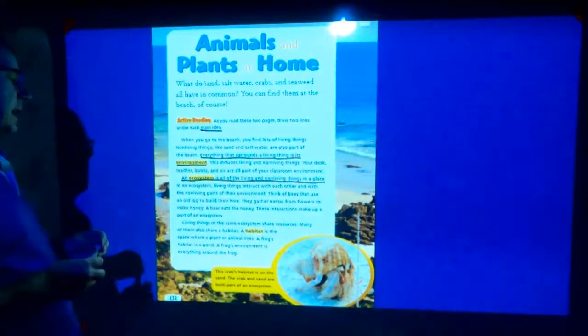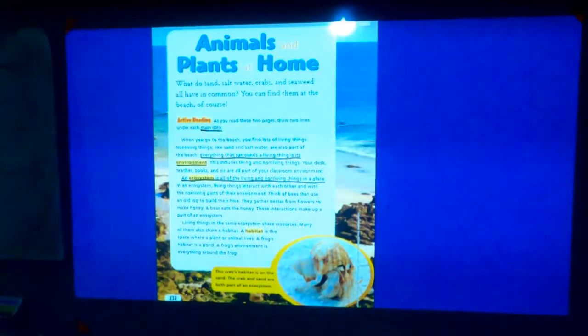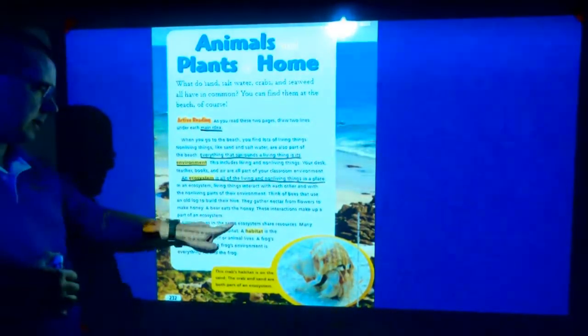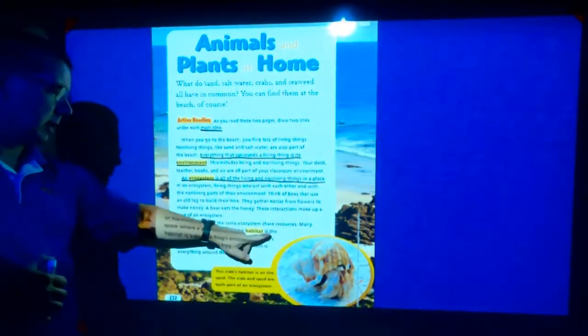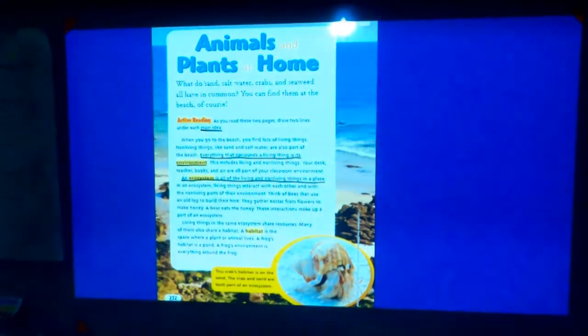Living things in the same ecosystem share resources. Many of them also share a habitat. A habitat is the space where a plant or animal lives. A frog's habitat is a pond. A frog's environment is everything around the frog. Ooh, living things share resources. But see, the first sentence talks about resources, but everything else talks about habitats.